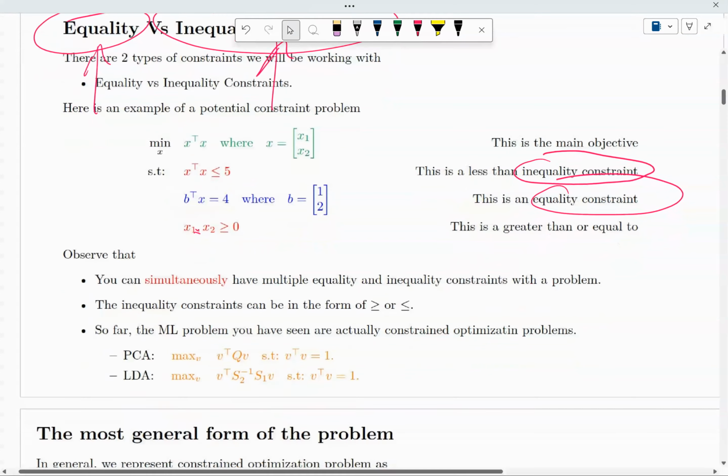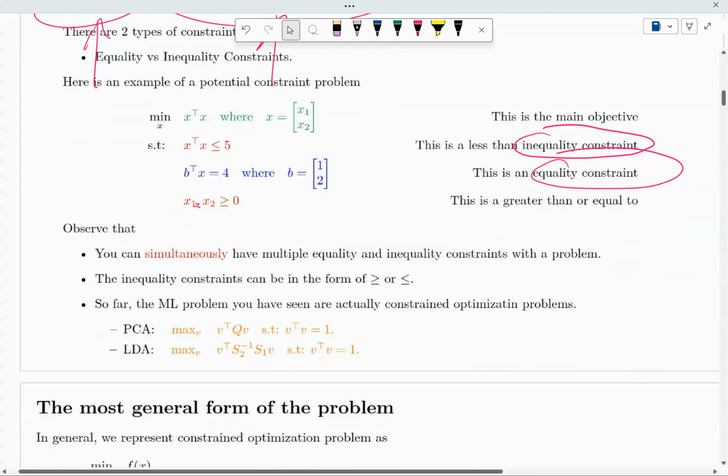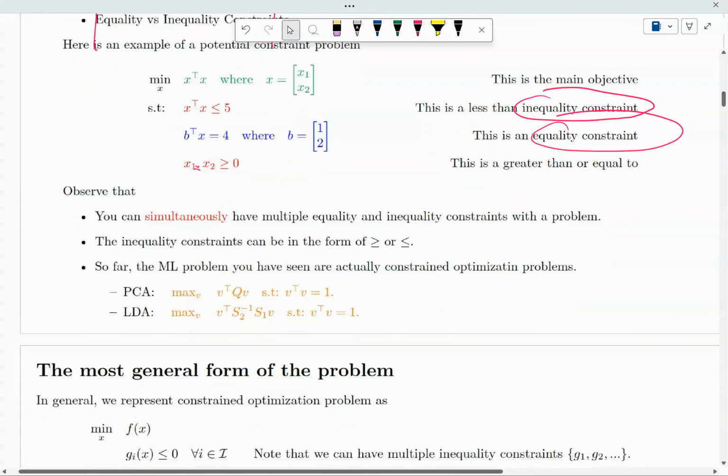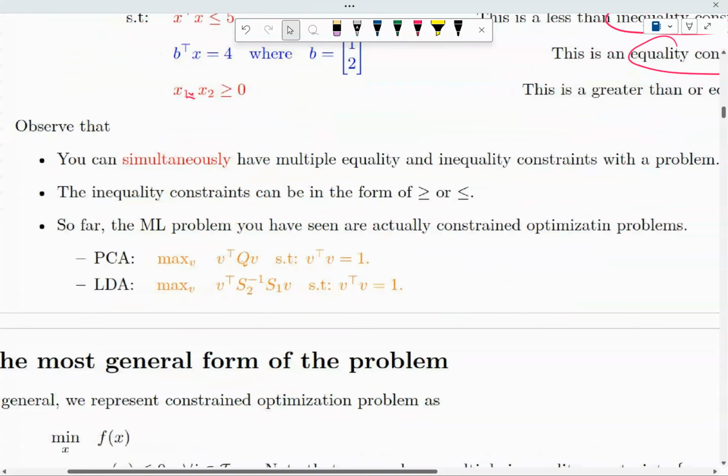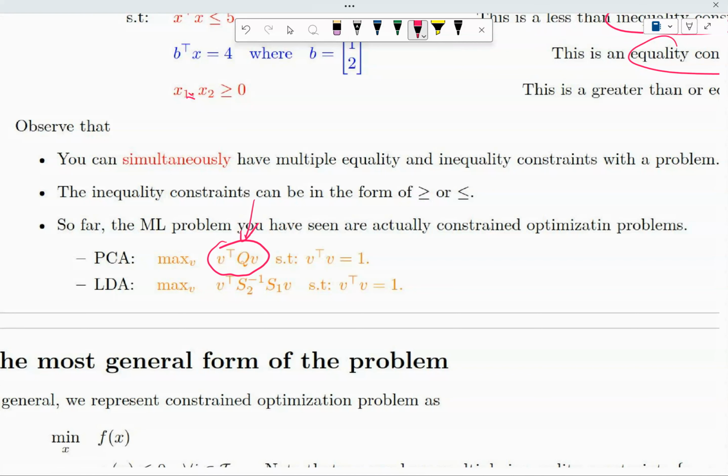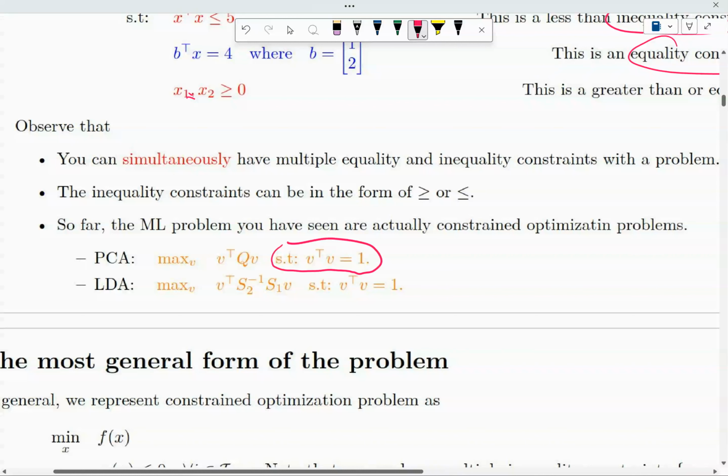At this point, we've actually already seen a couple of constraints. One example was PCA and LDA, which we've done before. The real problem was posed such that you're trying to maximize some kind of objective that looks like this, such that this is a unit vector. So this is really a constraint.